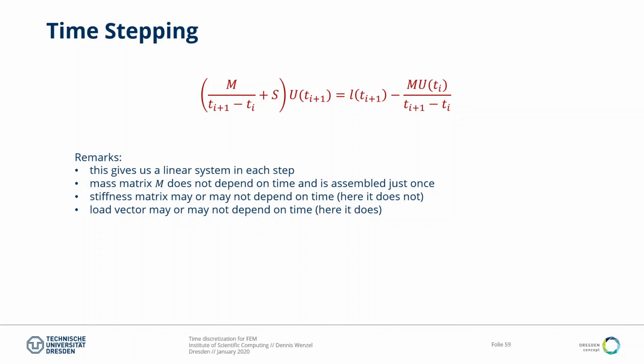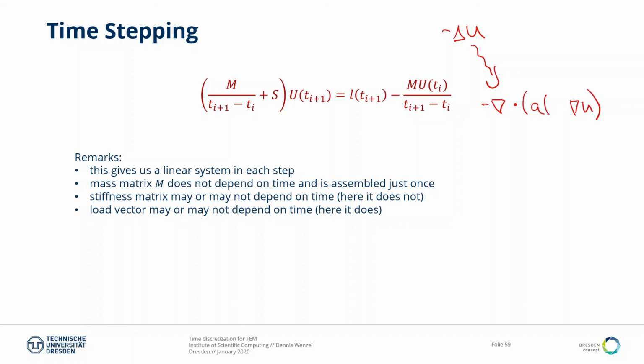The stiffness matrix may or may not depend on time. So here it doesn't, because here we just had minus Laplacian of u, but it may be the case that you have different settings where, for example, the diffusivity of the system changes over time. Then you would have something like a general diffusion equation, something like this.